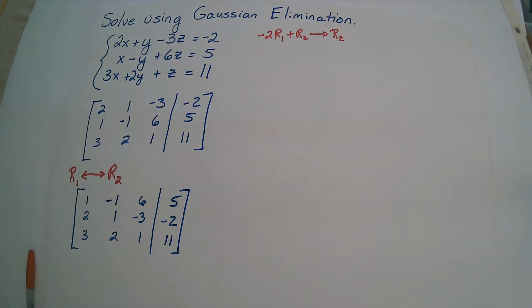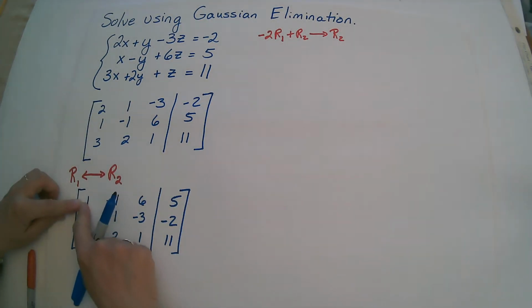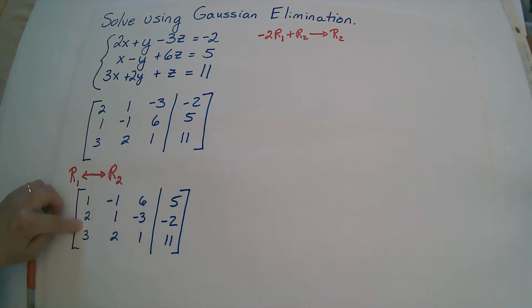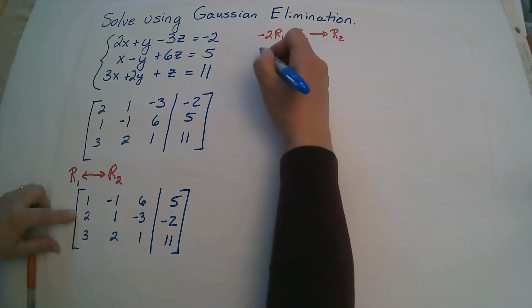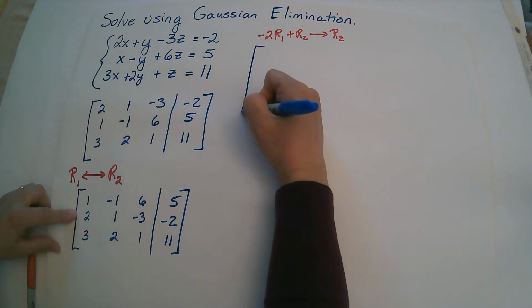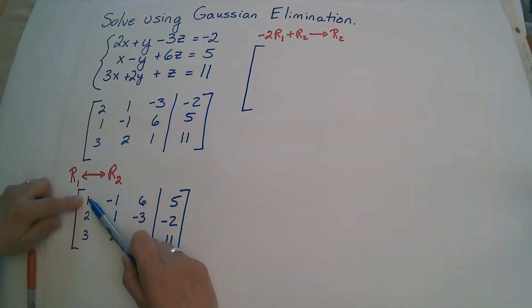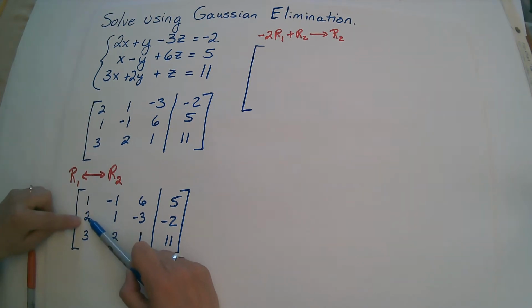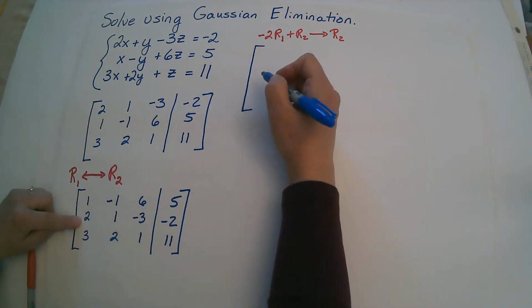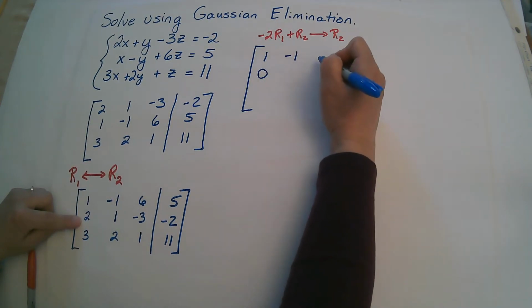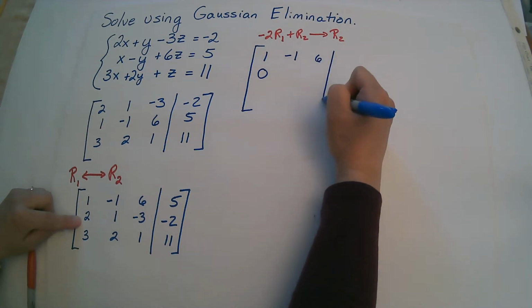But let's go. Let's do this arithmetic. So here we are. We're multiplying this row by -2 and adding. Now, you get better at doing this as you practice. I'm going to show you just doing it in our head, and then we'll do it on paper as well. So multiply -2 times 1 is -2, and add 2. That's a 0. And let me write down row 1 because it is going to be unchanged.